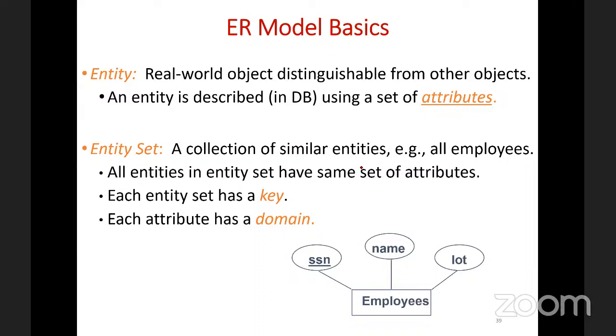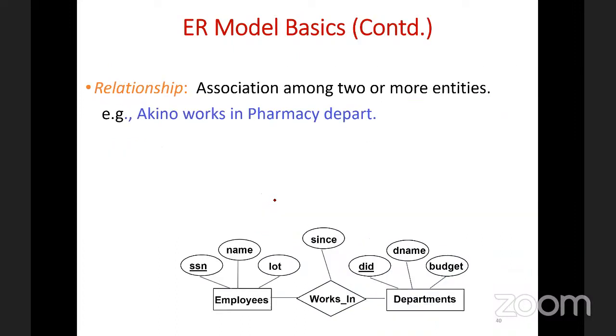So whatever attributes we have decided, every employee will have those attributes, right? And each entity set will have a key, which we show by underlining, right? And each attribute has a domain. Domain is a pool of values from which an attribute gets its values, right? That is your domain.